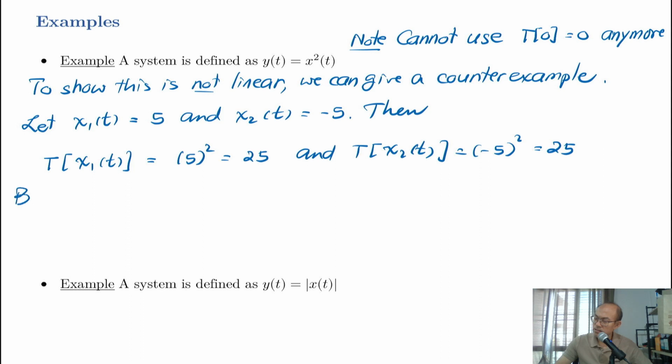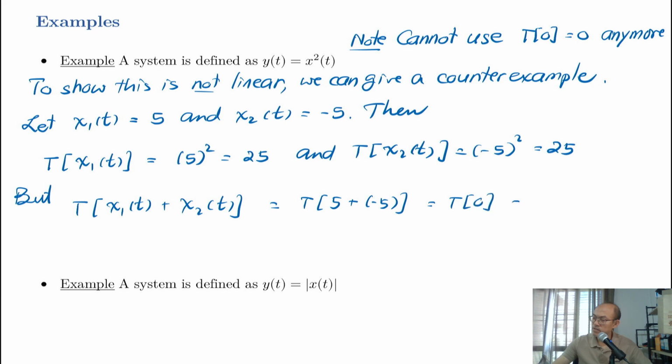But if we add the input together, x1 plus x2, we're going to find that it is equal to T of 5 plus minus 5, and that is T of 0. But T of 0 is 0 squared, which is 0. And we see exactly, it is obvious that this is not equal to T of x1 plus T of x2.